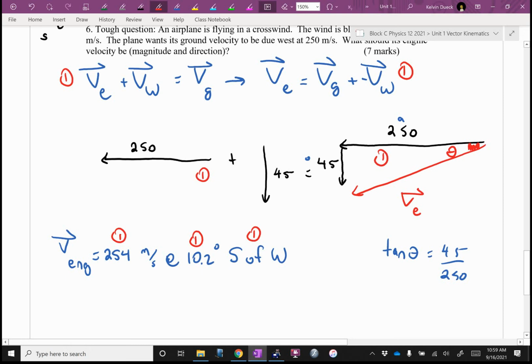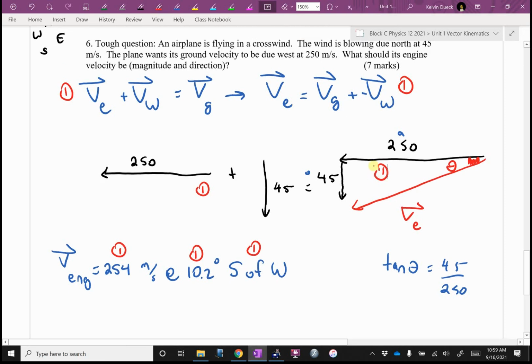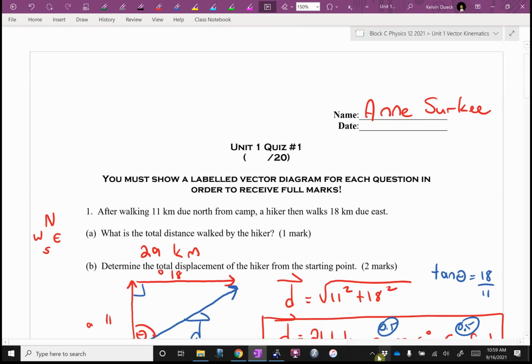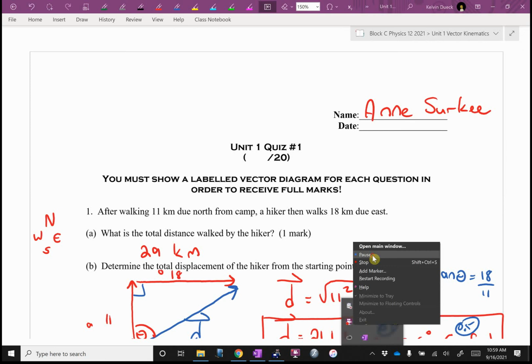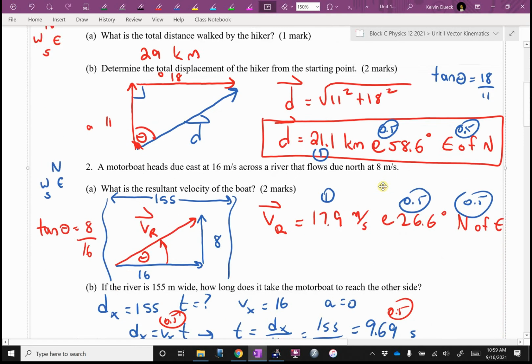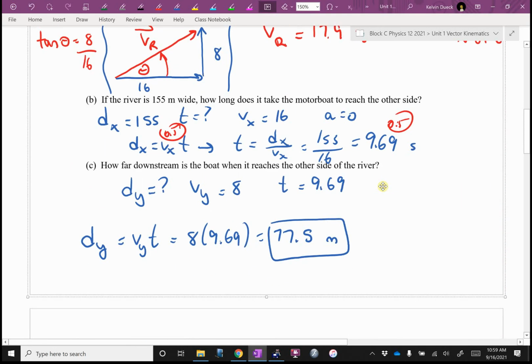Yes? What's the answer for 2C? First of all, please give yourself a score out of 20. Let me pause for a second. Students, score out of 20. If you need to lawyer with me or if you have any questions, now is the chance. Which one? 2C? Yeah. I got 77.5 even using my answer button.